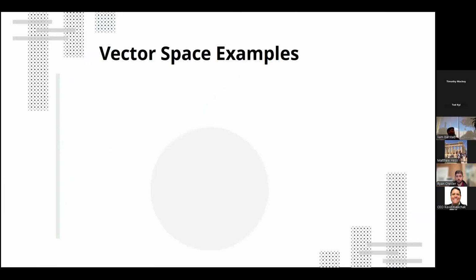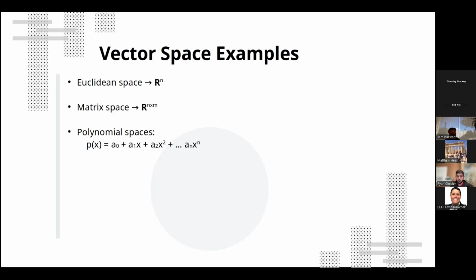A couple of examples of vector spaces: we can think of Euclidean space as a vector space, right? And so, it's addition and distributive over scalar multiplication. We have matrix space, which, as we just mentioned, is pretty similar to Euclidean space, but it's how you denote it.